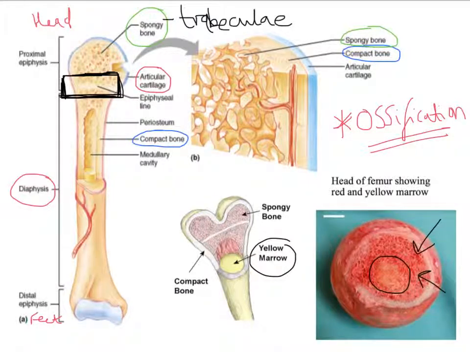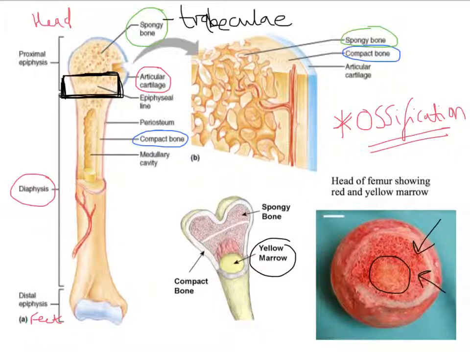Just to go back for a moment to talk about the red marrow, because that's really important. The red marrow is found mainly in flat bones such as the pelvis, the sternum or breastbone, the cranium or skull, the ribs, the vertebrae, the scapula, and the ends of the long bones such as the femur and humerus.